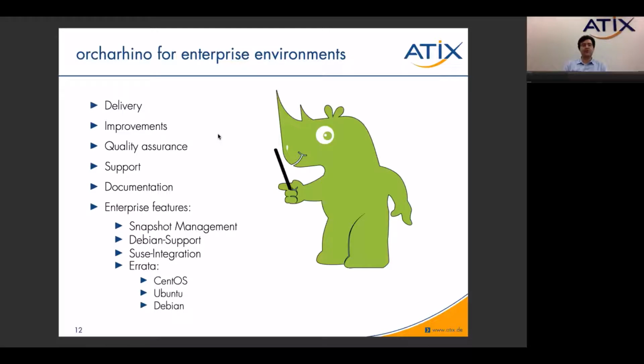You can use this plugin to create snapshots for your servers directly from Orcharhino, roll back when necessary, and when no longer needed, just delete the snapshots. We created the Debian support. Originally, the Foreman was only running on Red Hat systems, so this means RHEL and CentOS. We have now also included Debian and SUSE so that you can register them just like the Red Hat systems before.